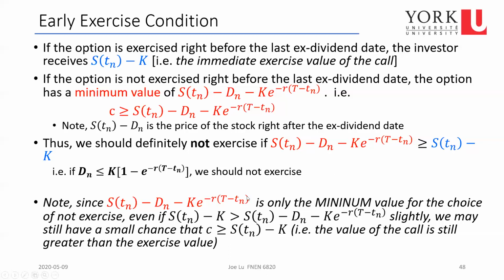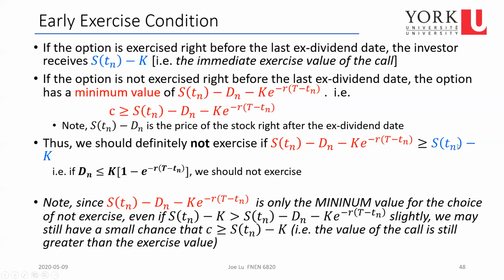Now, again, because this part is only the minimum value, if this condition is violated a little bit, let's say the exercise value is a little greater than the minimum value, are you going to exercise or not? Not necessarily, because your actual value of the option is greater than this.